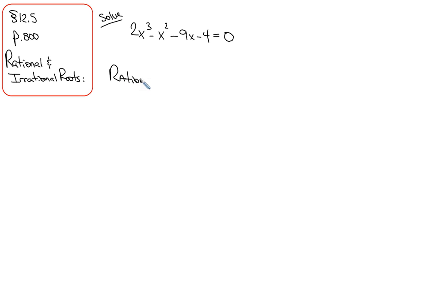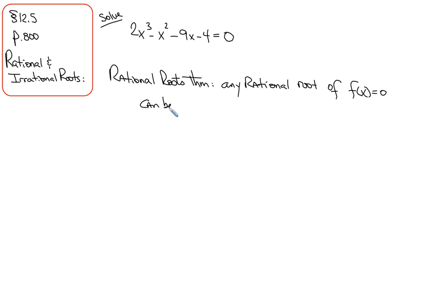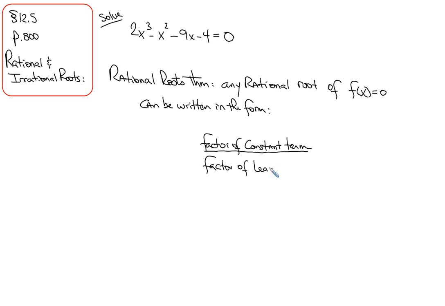And what the Rational Roots Theorem says, and again, you did this in Algebra 2, this is not new either, is that any rational root of f of x equals 0 can be written in the form a factor of the constant term divided by a factor of the leading coefficient, with a plus or a minus in the front. Any rational root that exists.